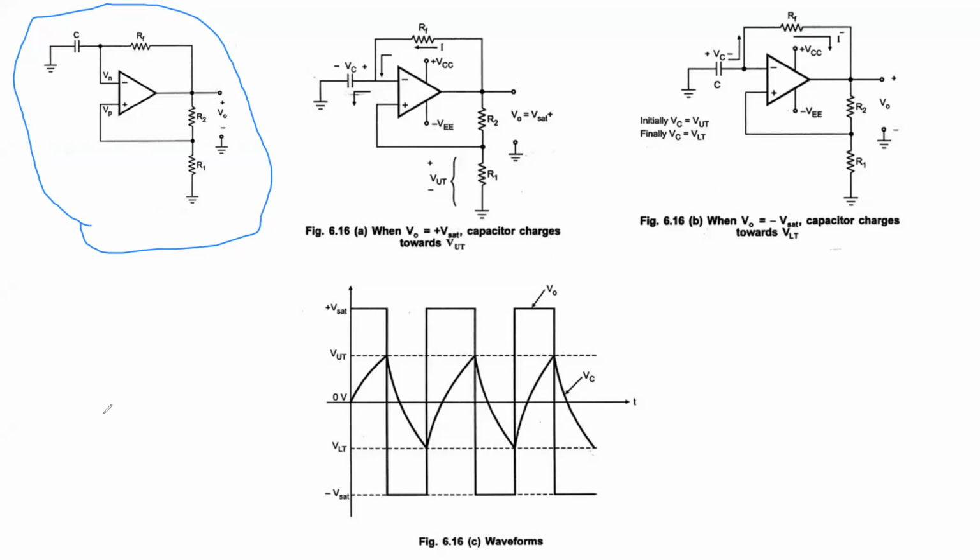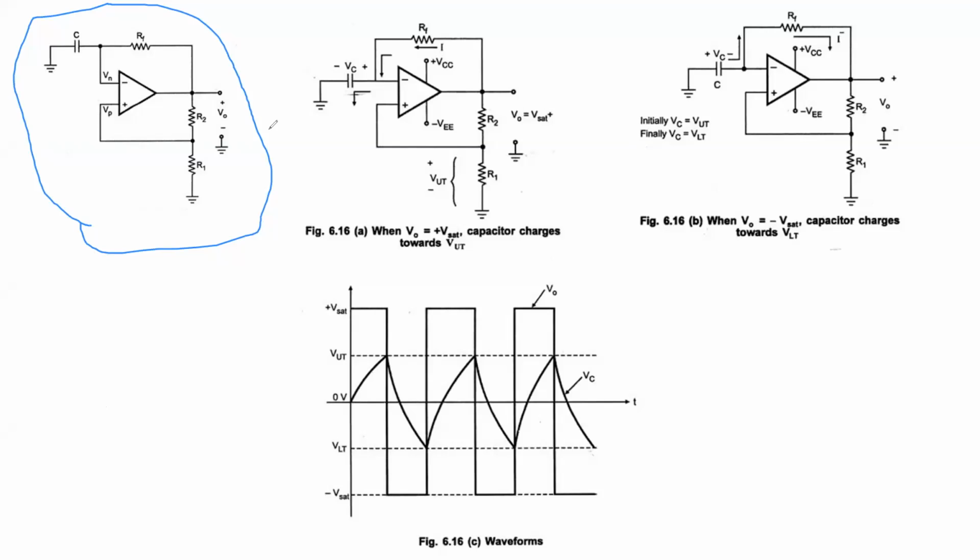Tell me the name of the comparator circuit with hysteresis. A normal comparator does not have hysteresis, but a Smith trigger has hysteresis. That is called dead zone, dead band. So the comparator circuit with hysteresis is called the Smith trigger circuit.